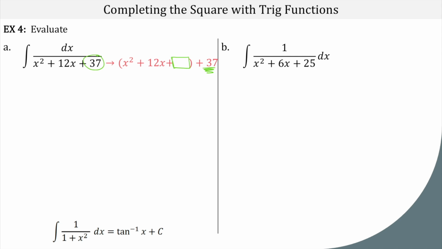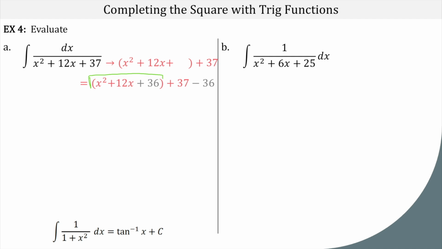Now to fill in that space, to complete the square, I divide the middle term by 2 and then square it. So 12 divided by 2 is 6. If I square that, I get 36. But if I've added that to the inside of the parentheses, I have to subtract it from the outside of the parentheses.